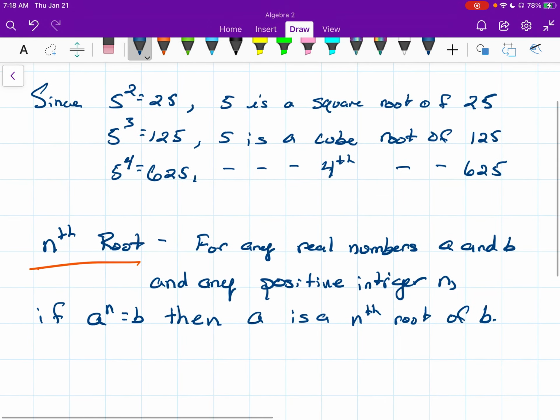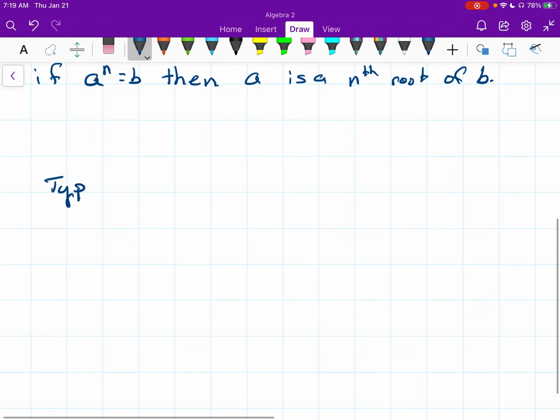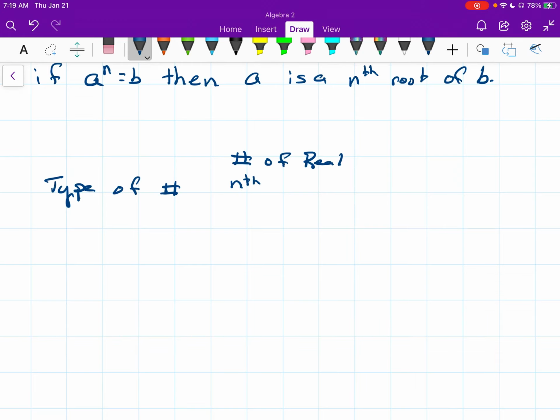All right, moving on. Now we have a little chart that we're going to make. We have the type of number. We have the number, here I'll use the pound symbol, number of real nth roots.